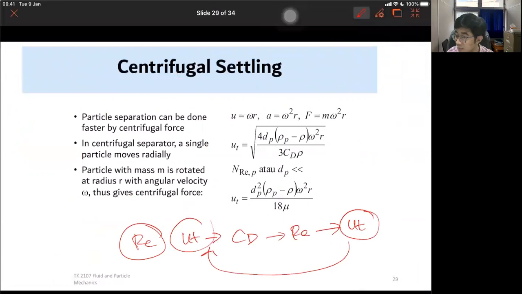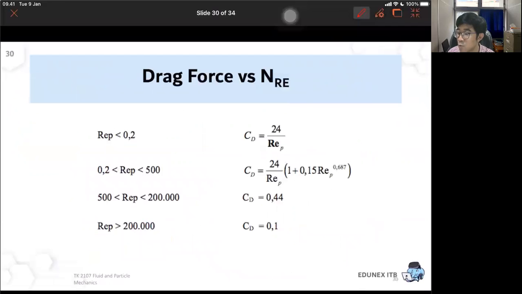Okay, you can use this one. This is for the sphere. There are others. Instead of the graph, you can calculate the CD. For Reynolds number less than 0.2, you use this one.